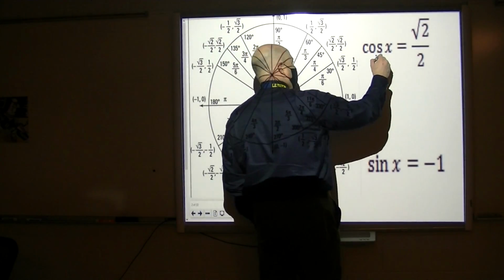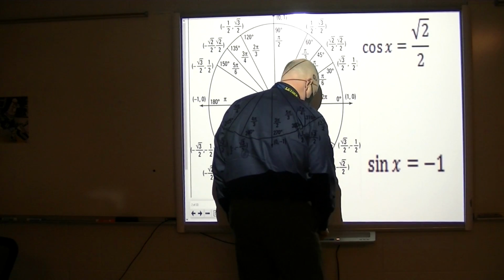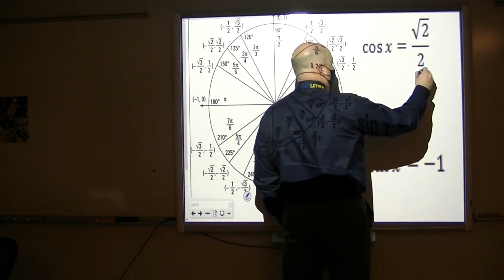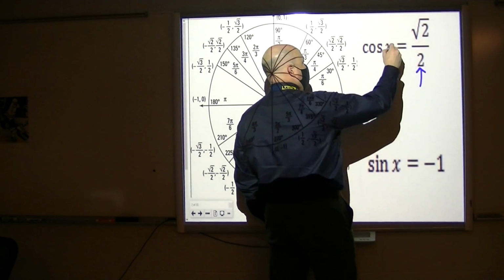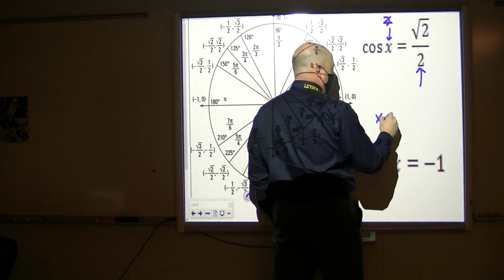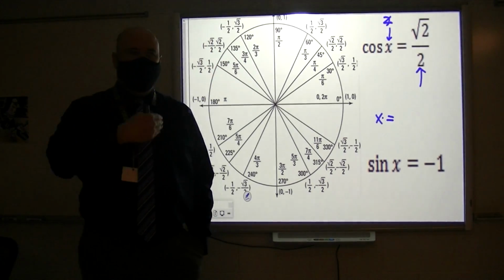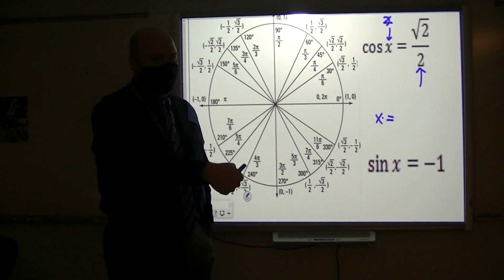Remember that cosine values, right? Actually, let's do it this way. Because this is an angle, that means the answer to our question is x equals, and we're going to get angle measurements for that.